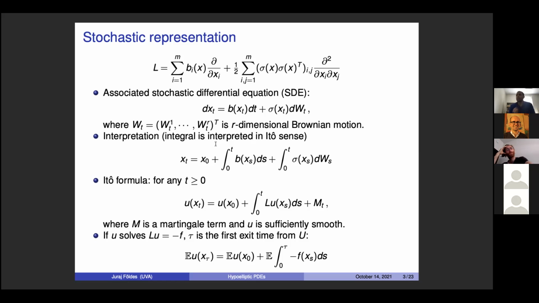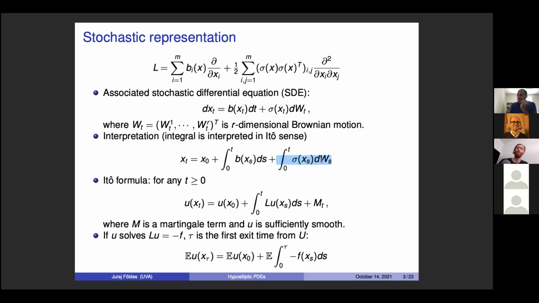And how this is really interpreted, many people in stochastic analysis skip this one immediately. So this is interpreted in the integral sense. So I just integrate this equation and obtain that x at time t is the value at x_0 plus the integral of the right-hand side. So that's the integral of b(x_s) ds plus this integral. And now there is a whole theory on how to interpret this integral by the Riemann sums, choosing the left-hand points and so on and so forth.